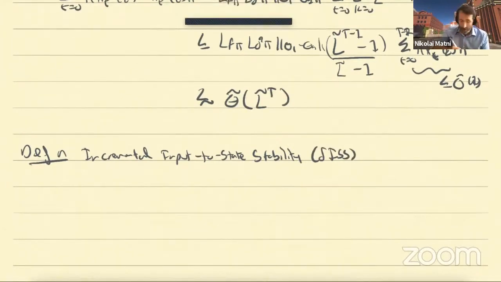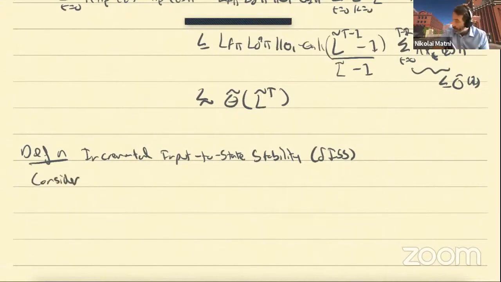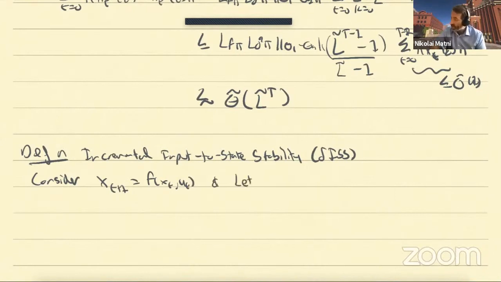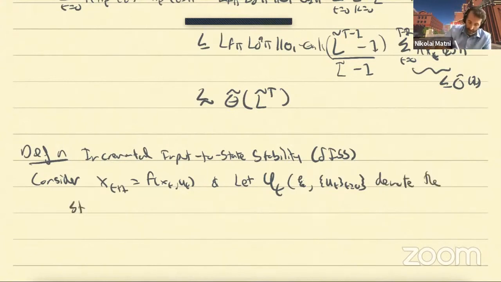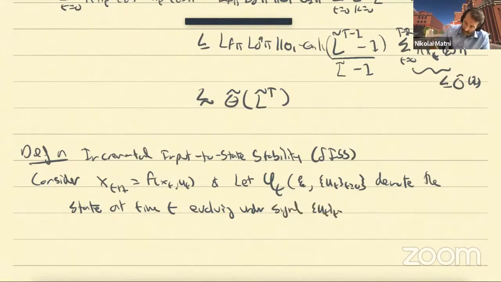And so a function that satisfies this notion of stability, rather, if you consider a dynamical system given by f of x_t, u_t, and we're going to let phi_t of c and some input signal denote the state at time t evolving under signal u_t from initial condition x_0 equals c. So it's just a little bit of extra bookkeeping here. We need to keep track of the input signal.